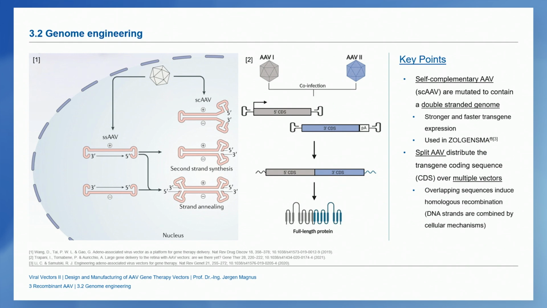But obviously this only works if you have a very small gene, because then you would have to fit both the complementary strand as well as the normal sequence on one AAV vector. So that works if your gene sequence is less than half of 4.7 kilobases.